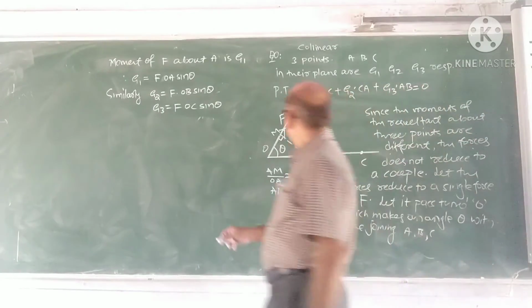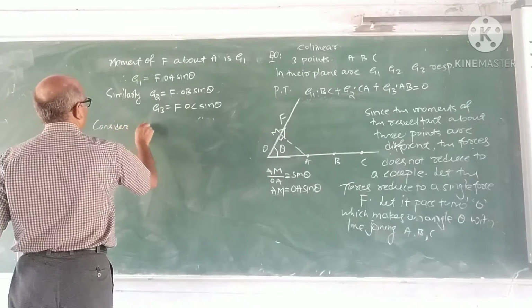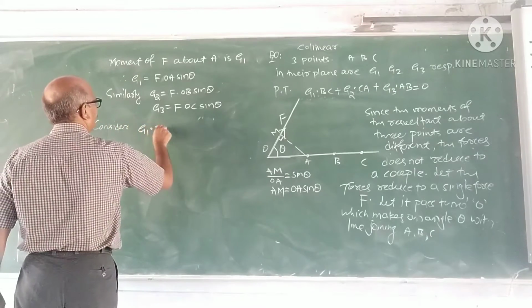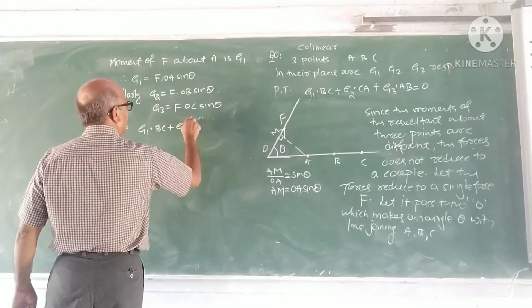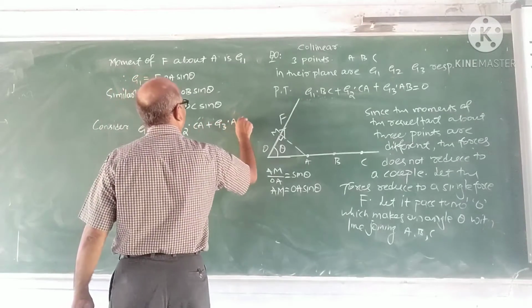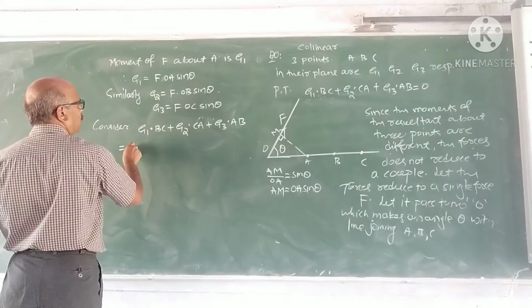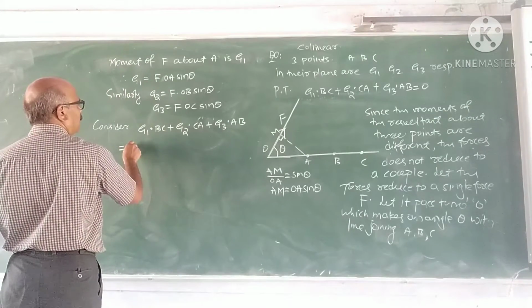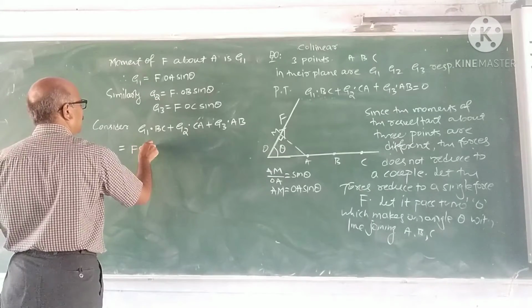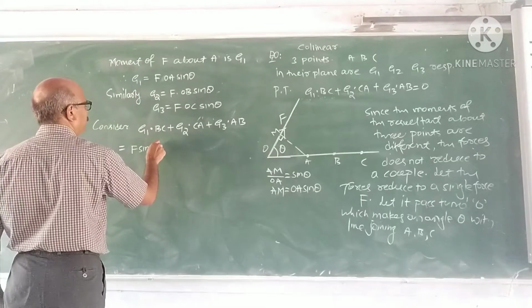What you have to prove? Consider G1 dot BC plus G2 dot CA plus G3 dot AB. It is F sin theta common.